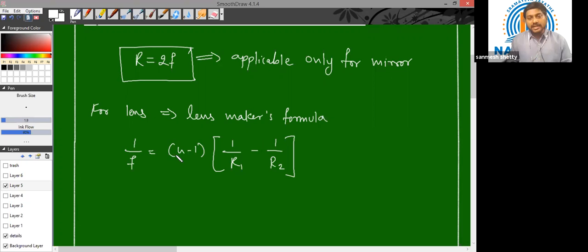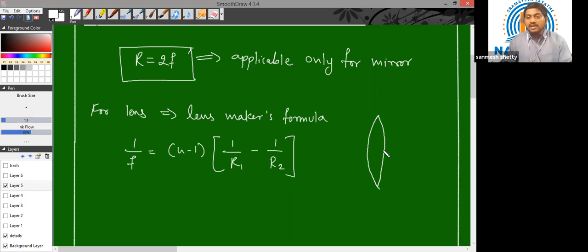Here n is the refractive index of the glass, with respect to the medium in which the lens is kept. So n is the refractive index of the lens. r1 is the radius of curvature of one surface of the lens, and r2 is the radius of curvature of the other surface, because in case of a lens, we have two spherical surfaces.